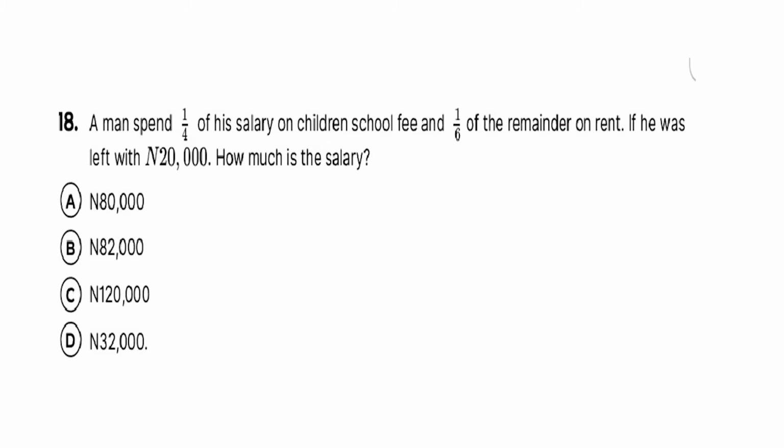Number 18, a man spent 1 over 4 of his salary on children's school fees and 1 over 6 of the remainder on rent. If he was left with 20,000 naira, how much is the salary? To attempt this problem, we can approach the question from the information given there, whereby 1 over 6 of the remainder of the money was spent on rent, and he has 20,000 naira left.